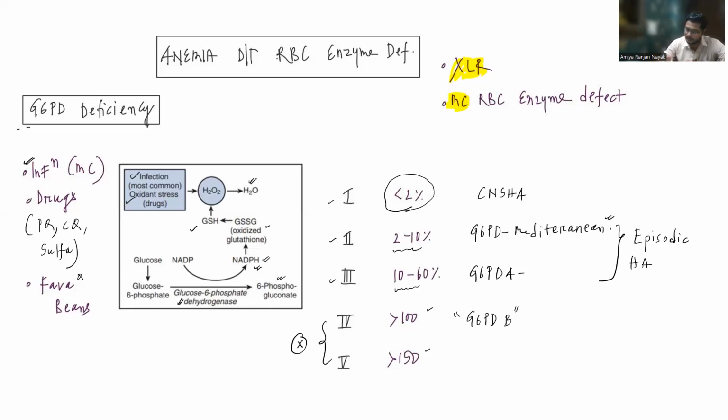Okay. G6PD Mediterranean, from the name itself, you can understand is common in the Middle East. So in which areas is G6PD deficiency common? Basically, it is common in those areas where malaria is endemic.